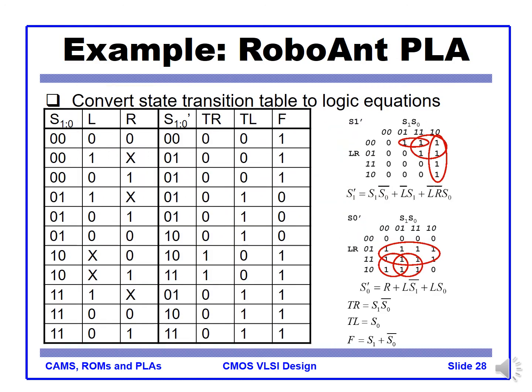This is an example of RoboAnt using PLA. In the previous example, we had the input of a state, current state, and left and right, and then output of the next state, and turn right, turn left and forward output. In this case, we have to decode the 4 inputs, but by having the logic optimization, we can minimize the number of terms, right?